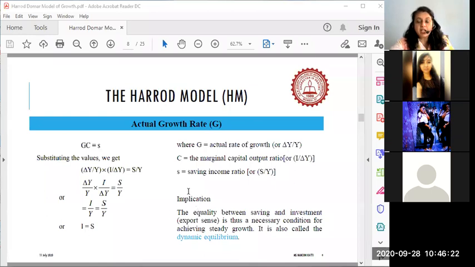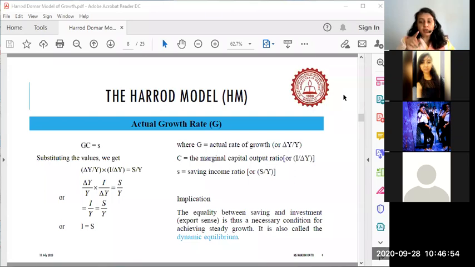Now what is the implication of all this equation? The equality between saving and investment. In the sense you are trying to export savings into investment. Export over here does not mean exporting of goods and services out of the country. Remember, the Harrod and Domar model have assumed a closed economy.